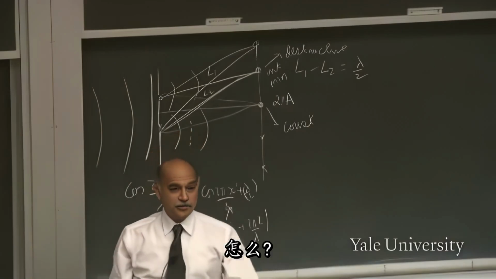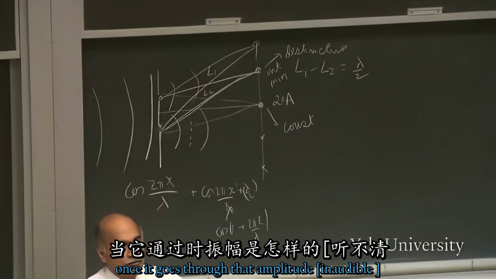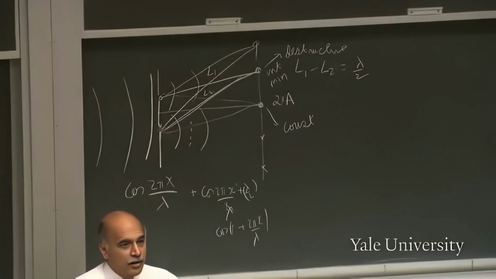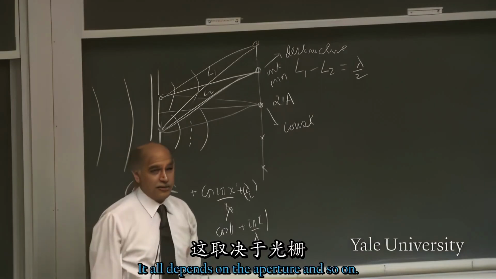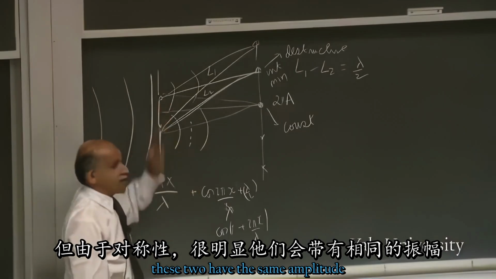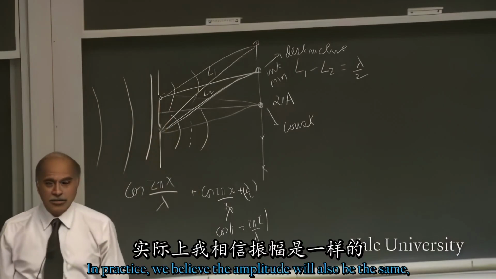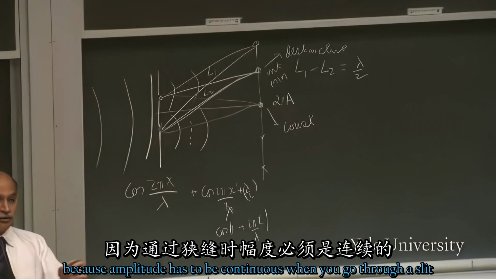Yes? How is the amplitude of the waves before the slits related to the amplitude of the waves after the slits? It could be, it need not be the same. It all depends on the aperture and so on. But what is clear by symmetry is that these two have the same amplitude. In practice, we believe the amplitude will also be the same, because amplitude has to be continuous when you go through a slit.